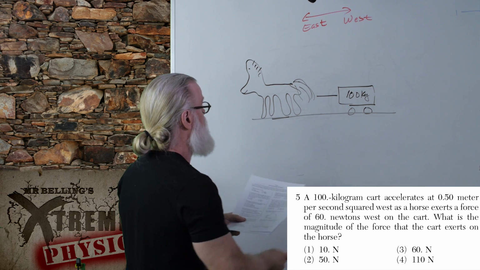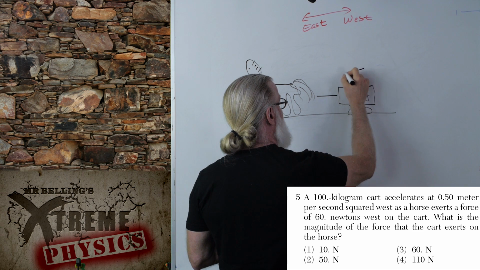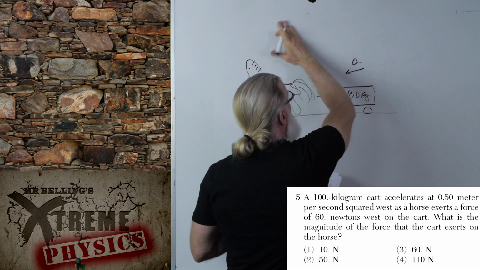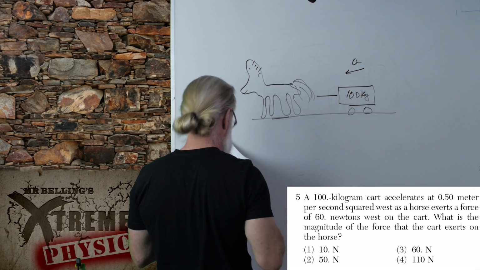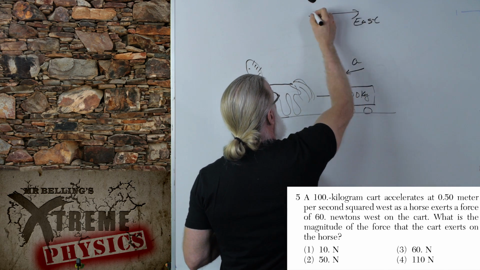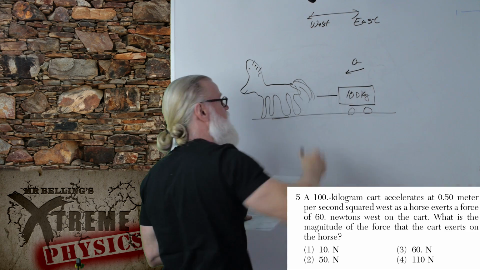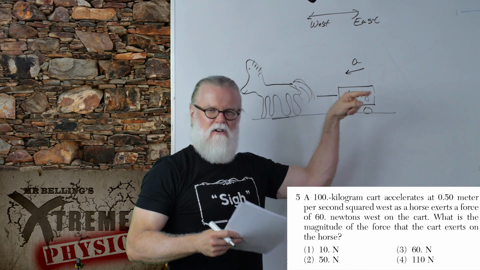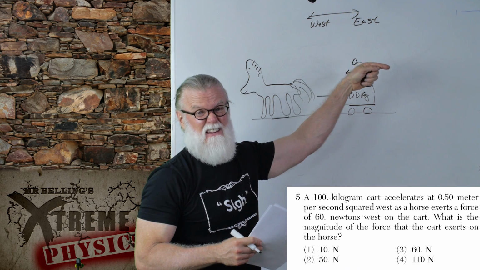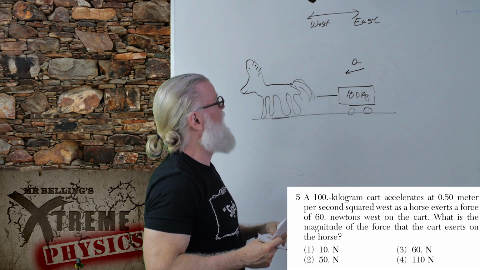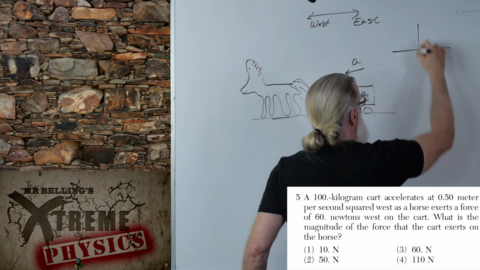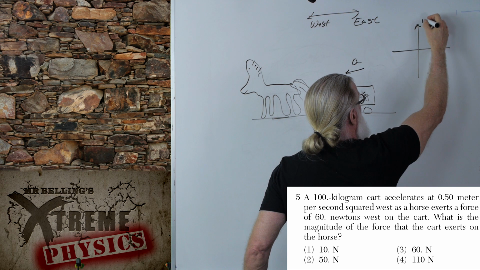All right. So the cart is accelerating this way. We're going to go east, west. Generally, just for consistency, let's always make that direction east, left, east, right, east, left, west. And also, when we draw a coordinate system, remember, we're going to have x and y.